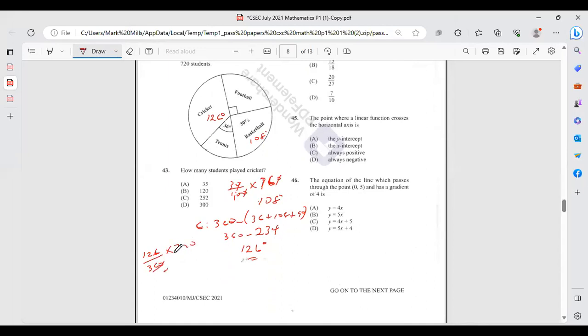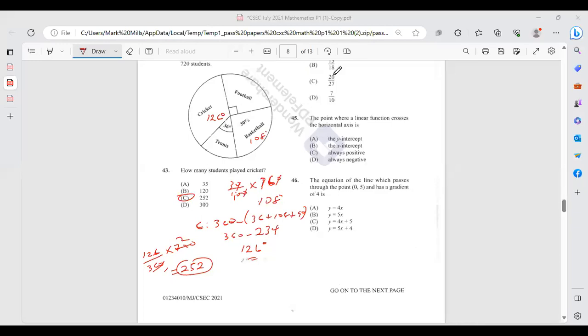So this one goes 1 time, this one goes 2 times. 2 times 126, what do I get? We get 252. So that's what I mean. We clear on that?